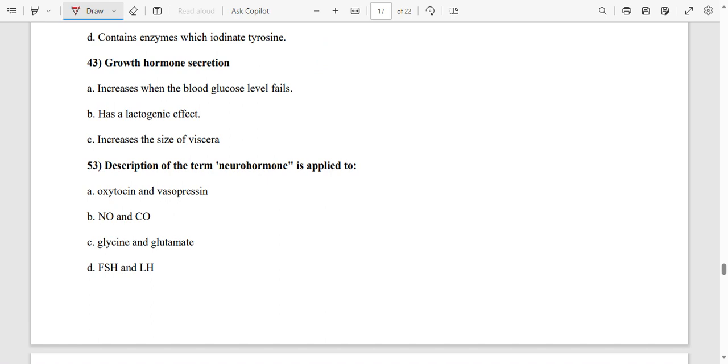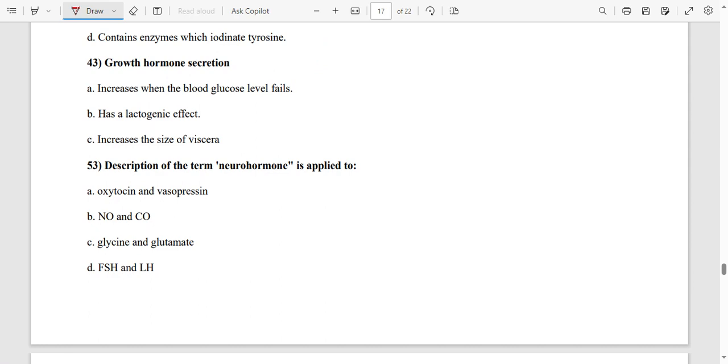43. Growth hormone secretion increases when the blood glucose levels fall; as a lactogenic effect, it increases the size of viscera. I didn't include option D. So it increases when blood glucose levels fall.